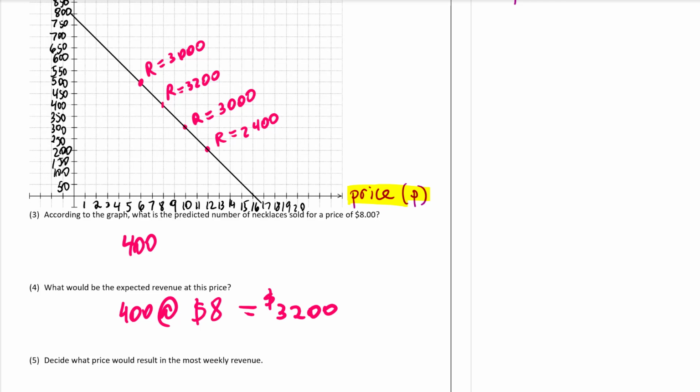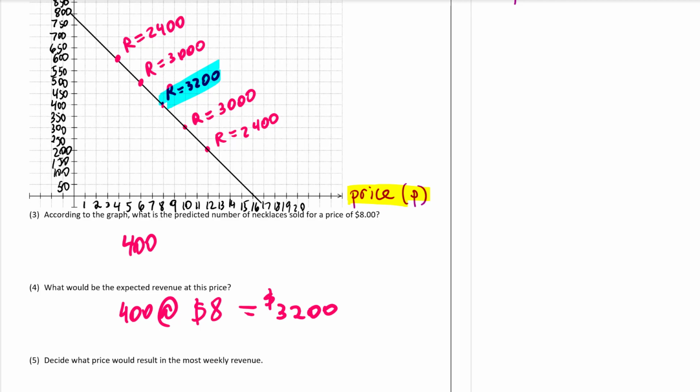If we try another one, let's say 4, it goes back to 2,400. So it's actually giving us a little symmetry, right? So it goes the other way, and it appears that this price is actually the best deal in terms of the revenue, 3,200. All right, that's when we sell it for $8 a piece.